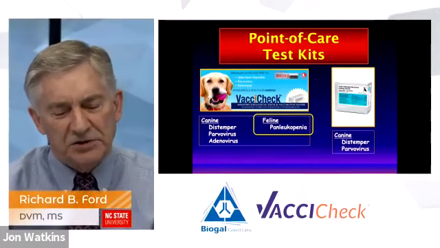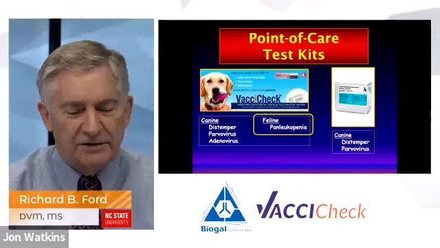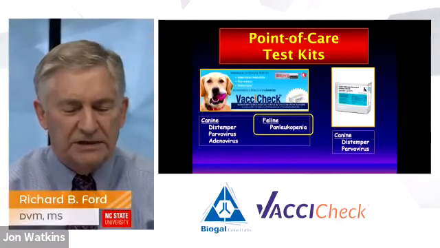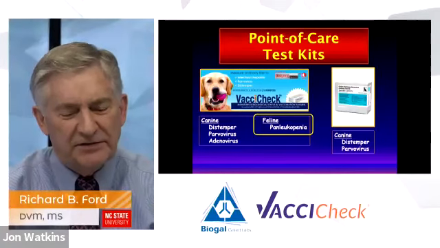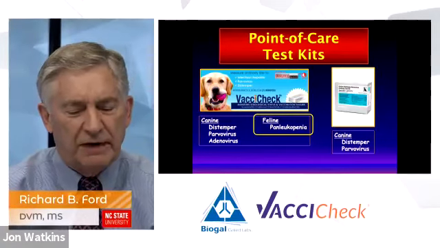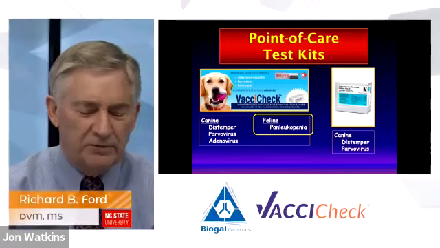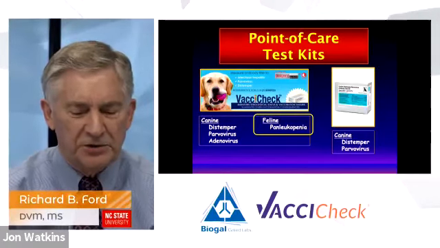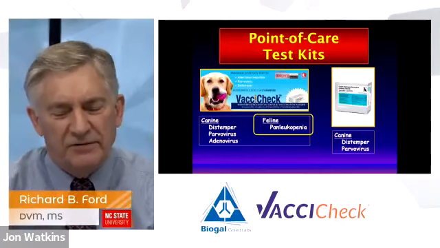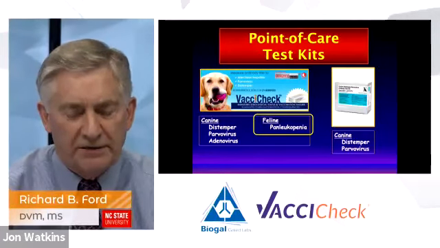The VacciCheck on the left-hand side, using the immunocomb technology, is a test that is rapidly performed. They're both about 20 to 25 minutes, somewhere in that range, but it provides a very user-friendly format.